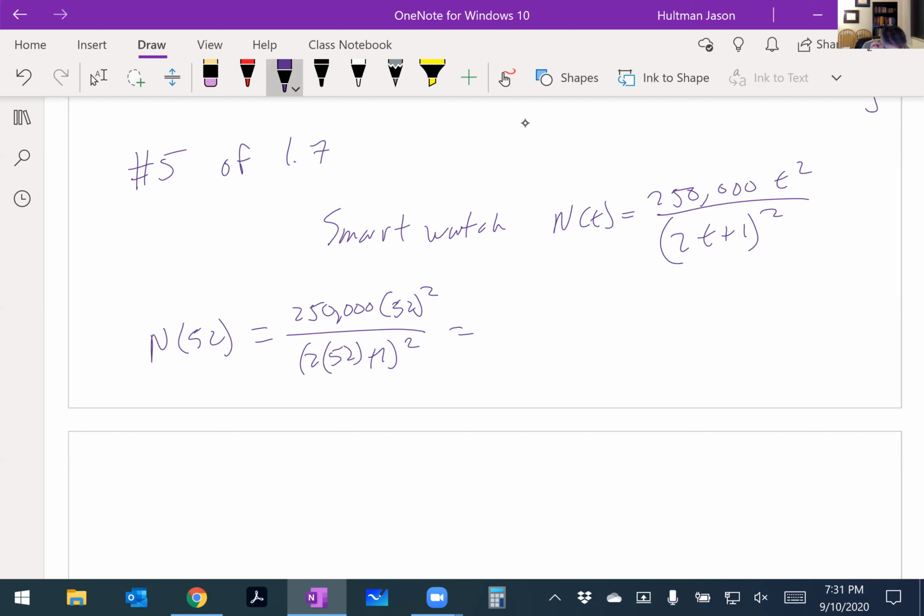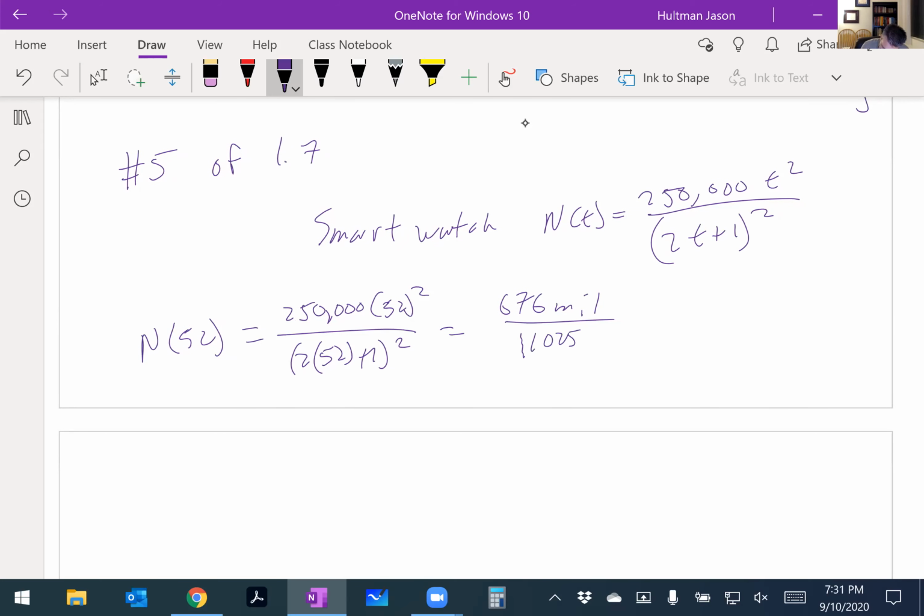That's a big number, 676 million. I'm just going to write that 676 mil. And then this is over 2 times 52 plus 1, that's 105, times 105 is 11025, which is approximately what?